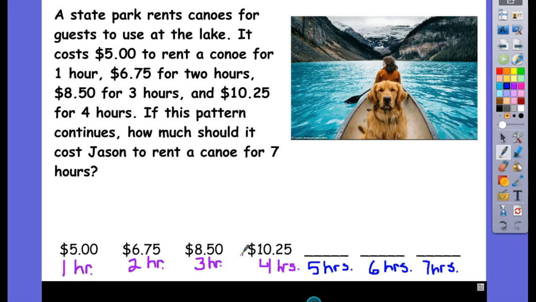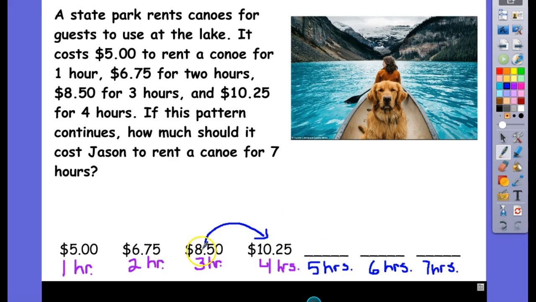If I'm trying to find the difference between these two terms, what operation am I going to use? Well, I hope you said subtraction because that is what we're going to use. So let's say we're going from $8.50 all the way to $10.25. The 3-hour rate to the 4-hour rate. Well, what's the difference there?